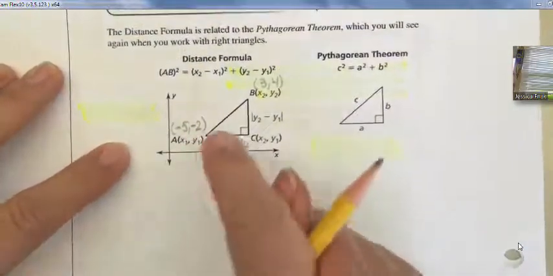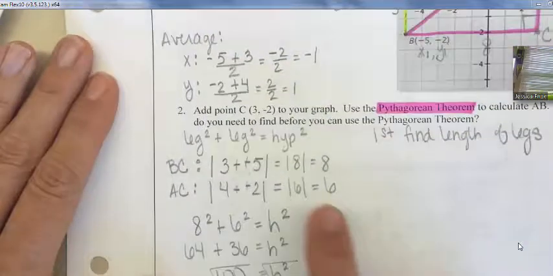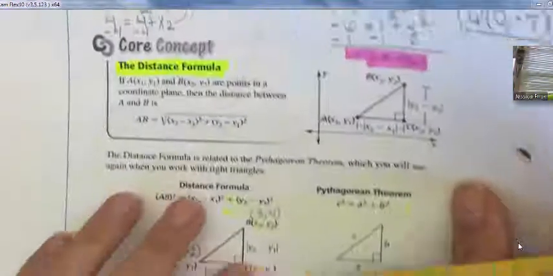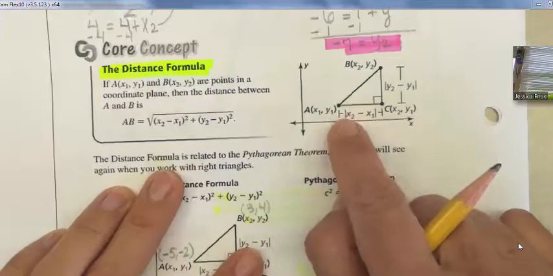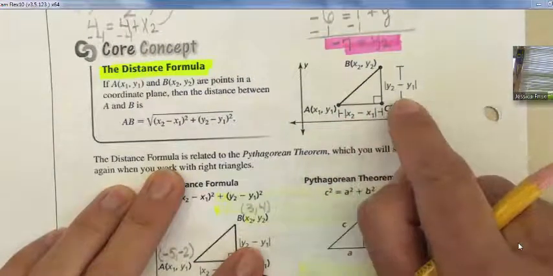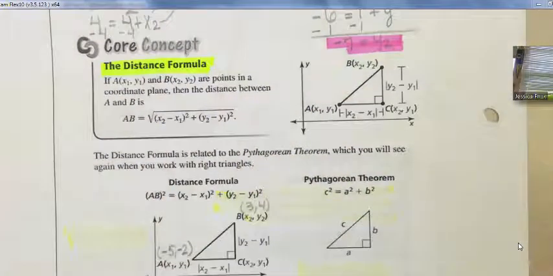And we basically used the distance formula on that example because really what we did was we had to find the lengths of those legs first. So that's what the distance formula does. The distance formula has you first find the lengths of your horizontal leg and your vertical leg, and it just does it all in the formula itself.